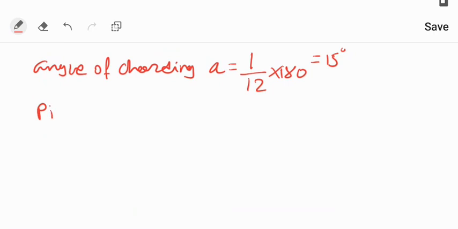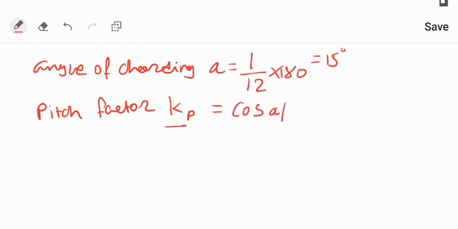The equation for the pitch factor Kp is cos of alpha by 2. The value of alpha over here is 15, so that is cos of 15 by 2.